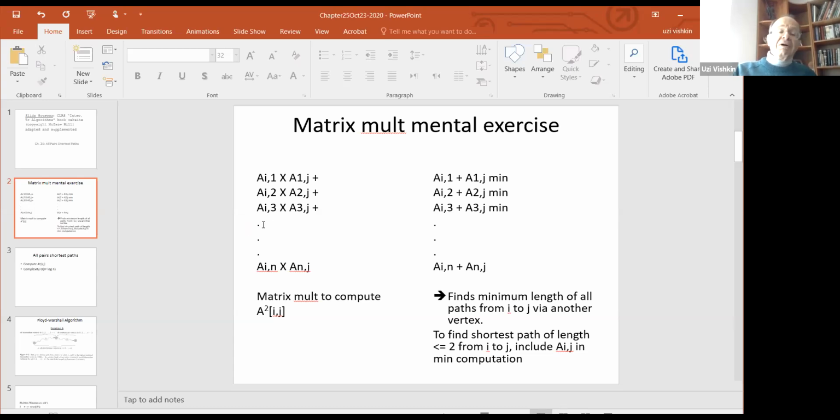Third element in row, third element in column, and I will add it. And finally, the nth element in row i and the nth element in column j. Right? So far, no surprises, right? I hope you are with me. Okay.